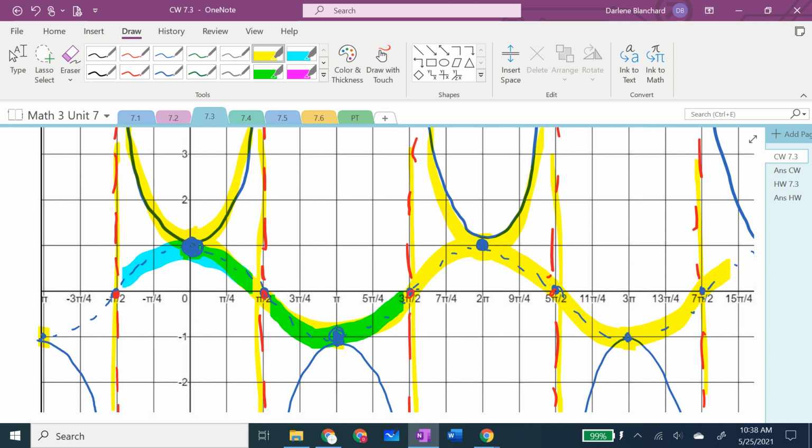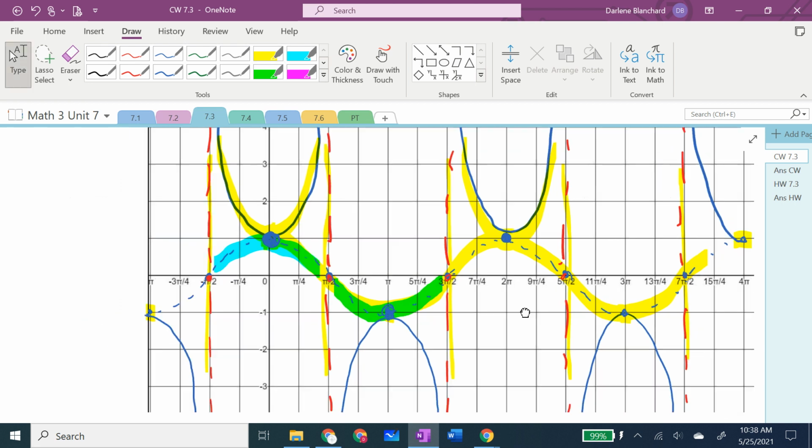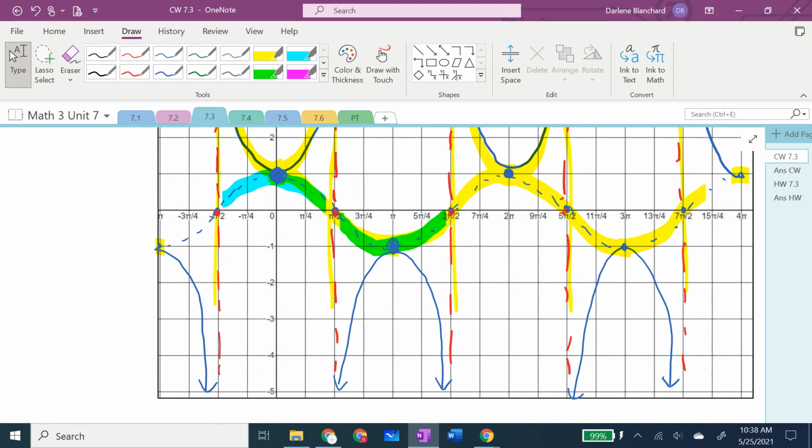I know people like to say they look like parabolas, but they're between asymptotes, so they're not parabolas, but I know people like to say they look like them. And then everywhere that you have your low point, that's a section where you're going to draw one of them heading downward.